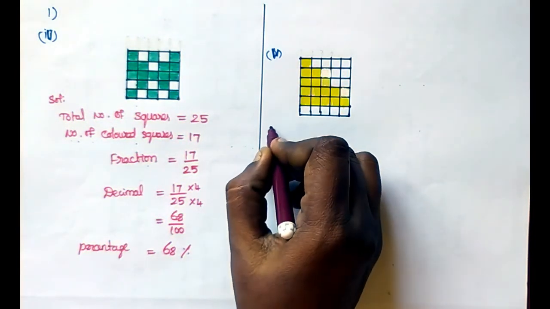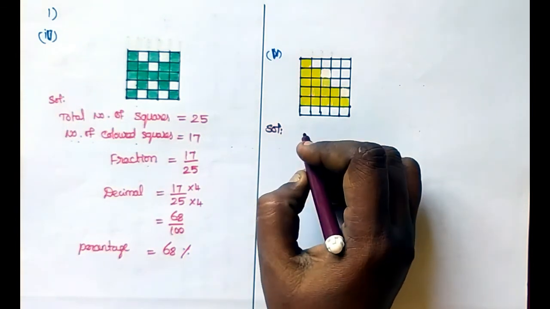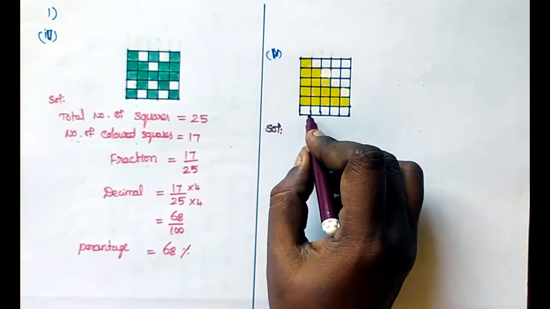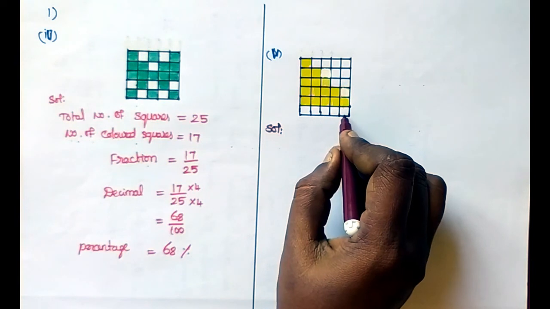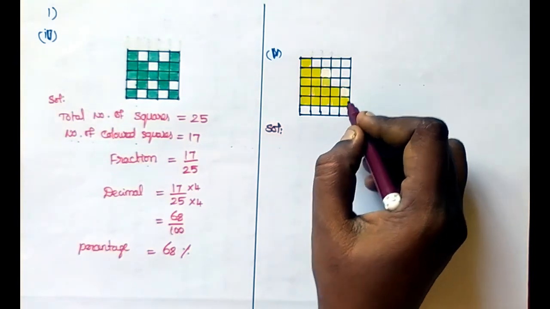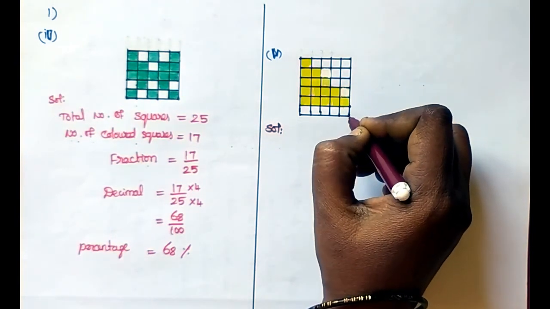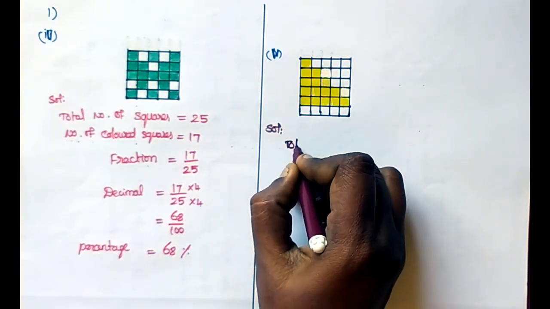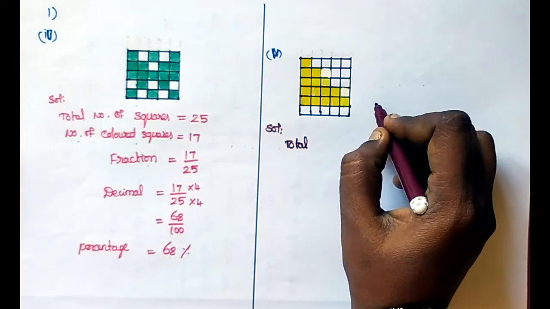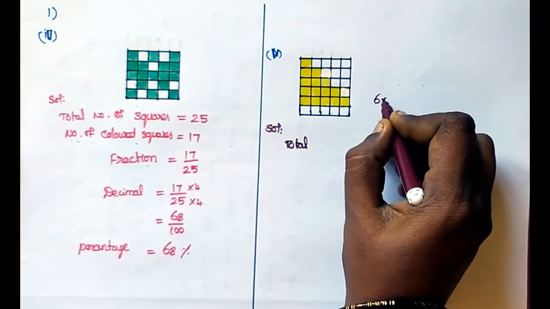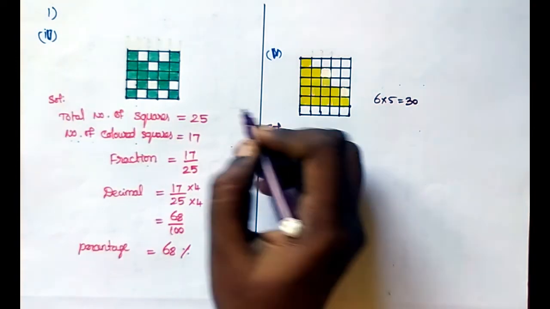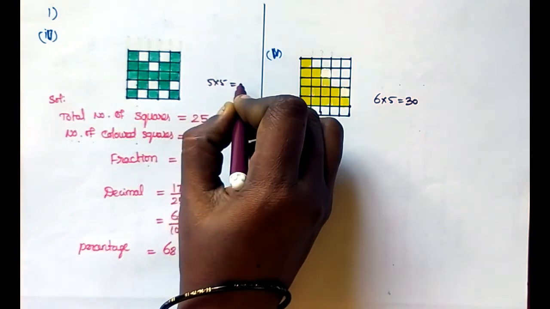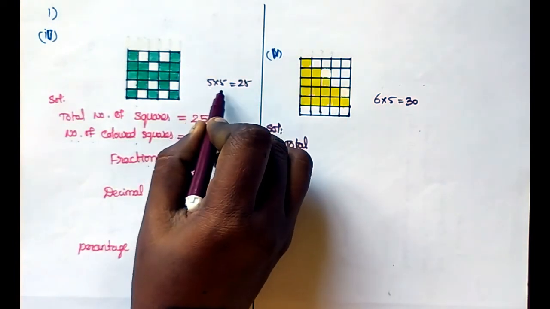Fifth subdivision. Listen, 1, 2, 3, 4, 5, 5 columns, 6 rows. So totally 6 into 5, 30. Here 5 into 5 is 25, 5 rows, 5 columns.